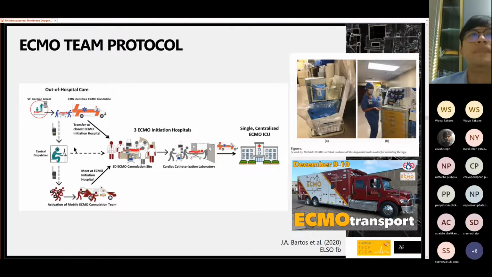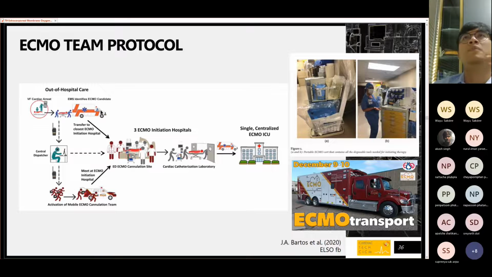And here is the scene that talks about the out-of-hospital issue. So after we have a cardiac arrest and start CPR, the emergency department is going to notify and investigate whether there is an ECMO candidate or not.